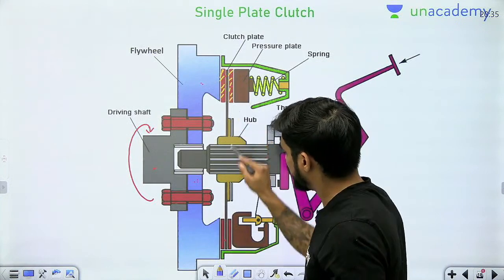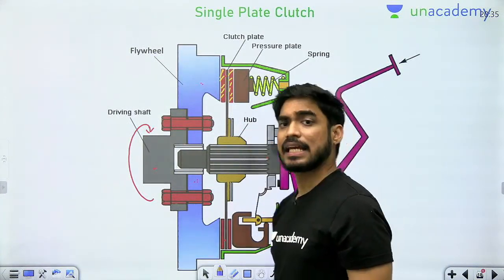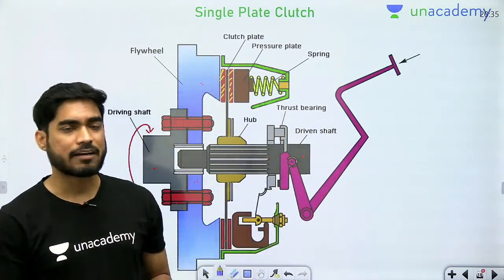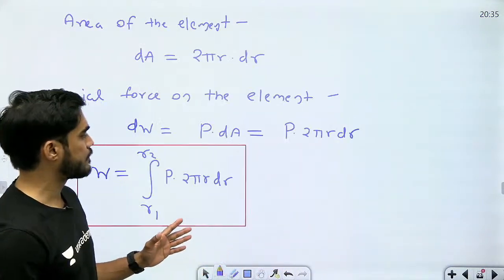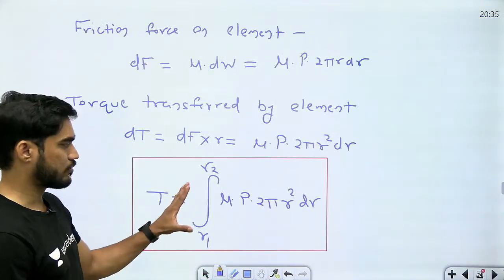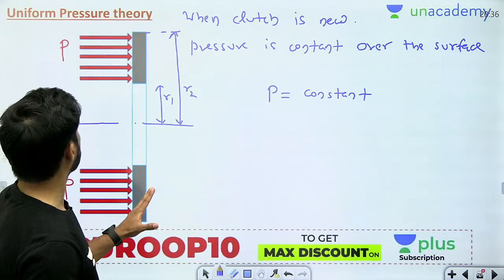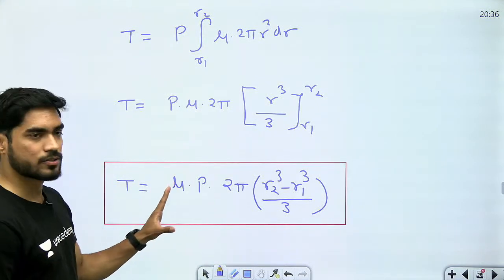Look at this. The friction lining is on both sides. So beta, if in the exam it is not mentioned that the friction lining is on both sides, then by default use this equation.